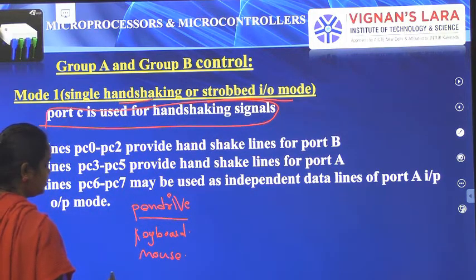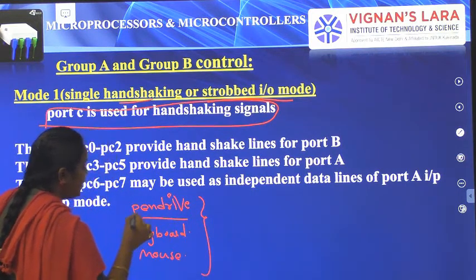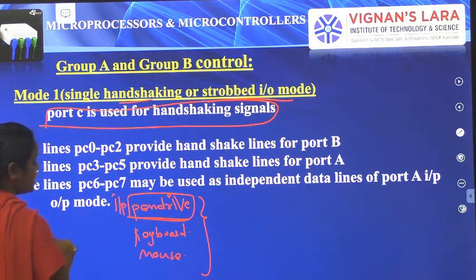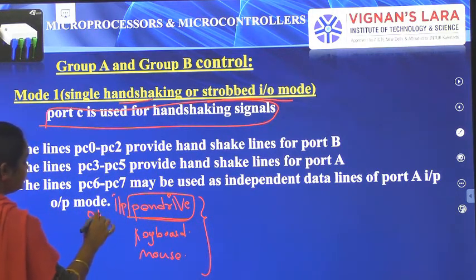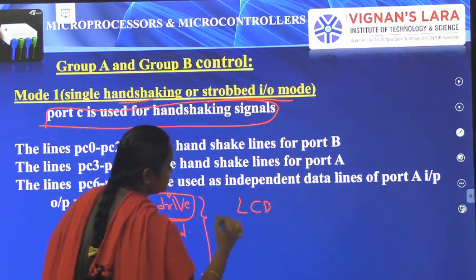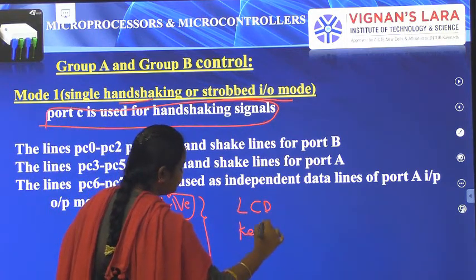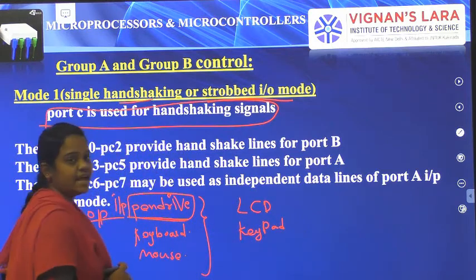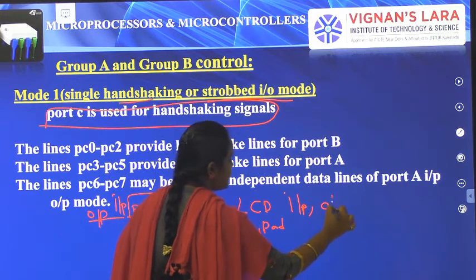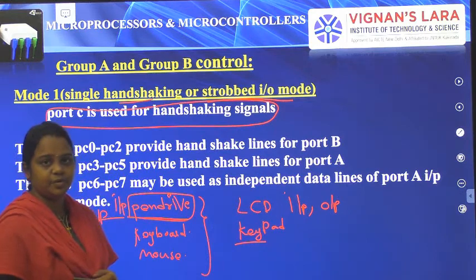Here, the pen drive sometimes acts as an input, sometimes as an output. Also LCD displays, keyboard, keypad. The LCD display sometimes acts as an input, sometimes as an output. With the keypad, we provide the input.